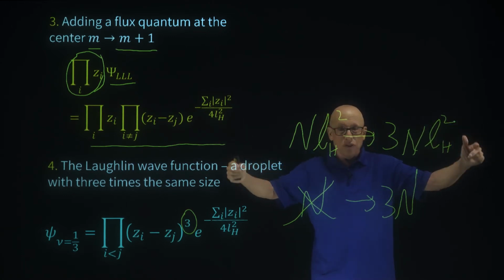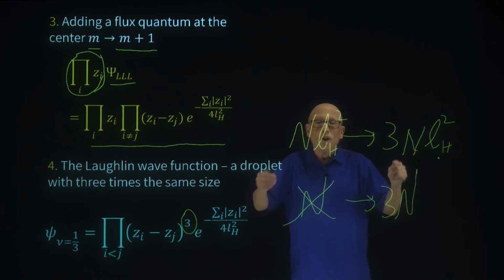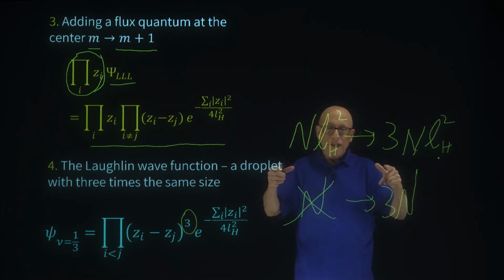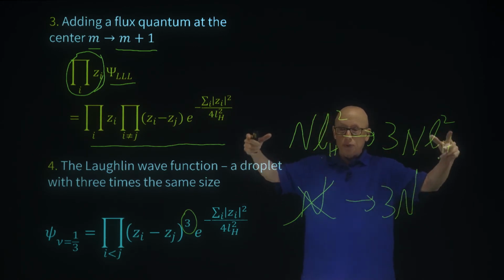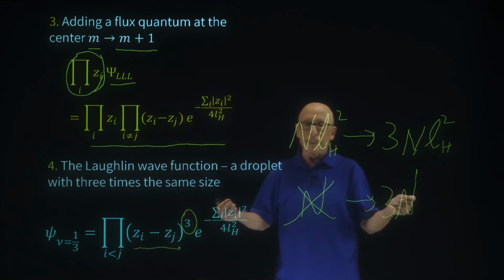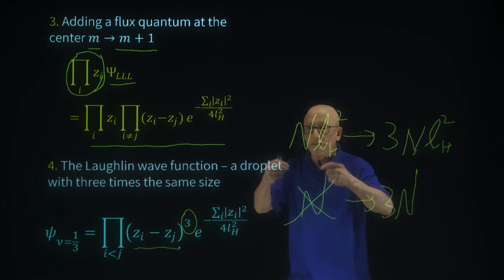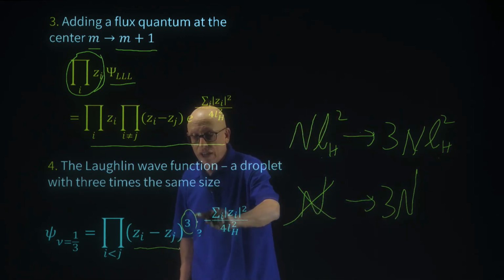The magnetic field did not change at all. It's the same magnetic length on both sides. So instead of having nu equals 1, we now have nu equals 1/3. We have a droplet of nu equals 1/3. The wave function still vanishes when two electrons get to the same point. But now it vanishes much more strongly. The wave function vanishes to a power 3.